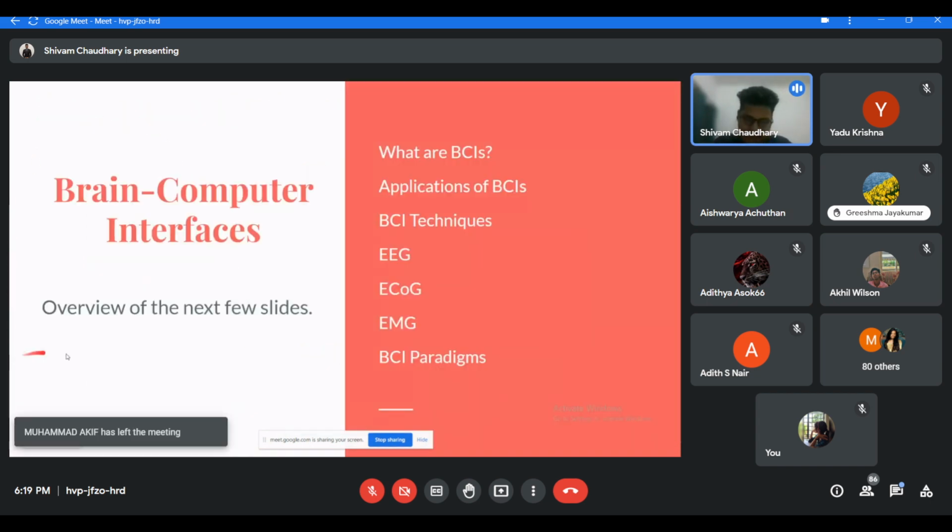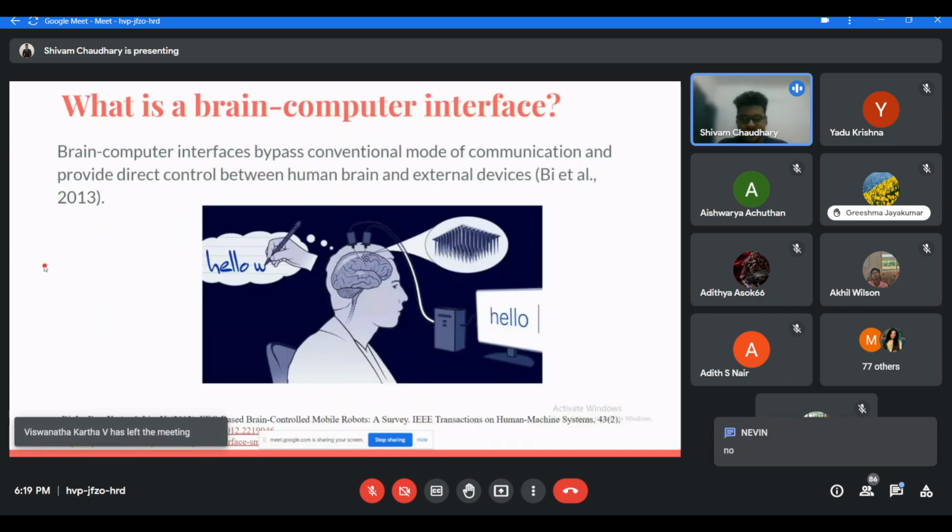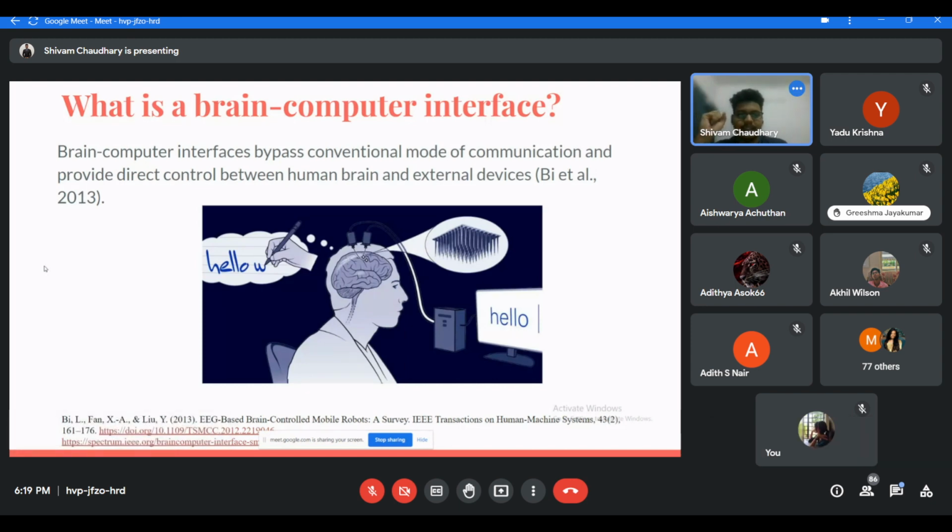So with that basic knowledge of neuroscience and machine learning, let's move on to brain-computer interfaces. What is a brain-computer interface? As I mentioned earlier, if I want to move a hand, there are a lot of processes going on inside my cortex, which will be the motor cortex right over here in the center of your head. Those signals will go through my brainstem, through my spinal cord, through my muscles, and finally to the hand.